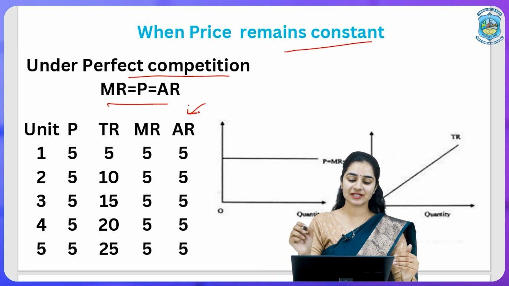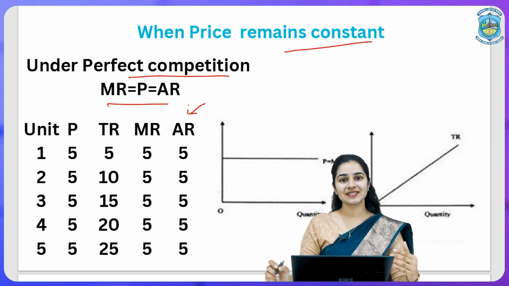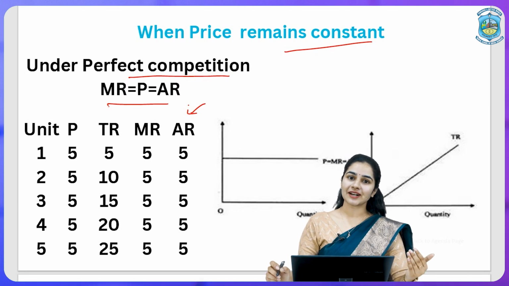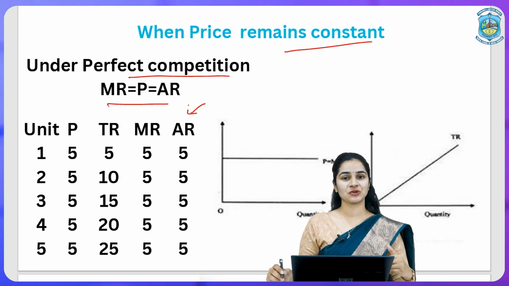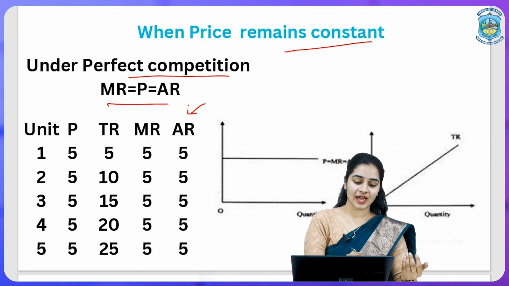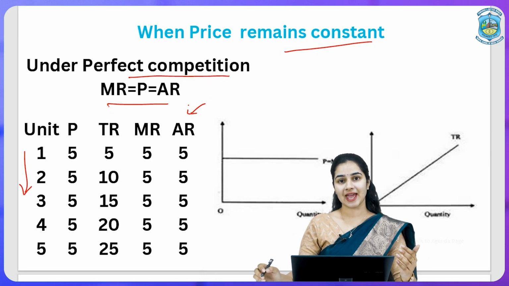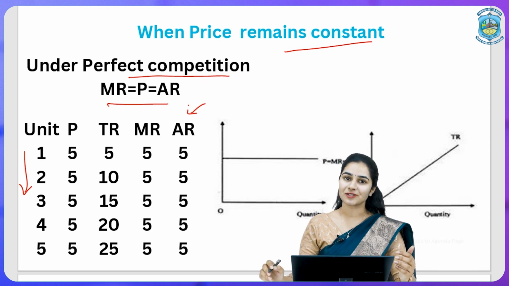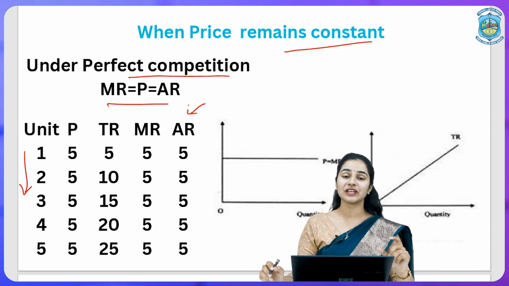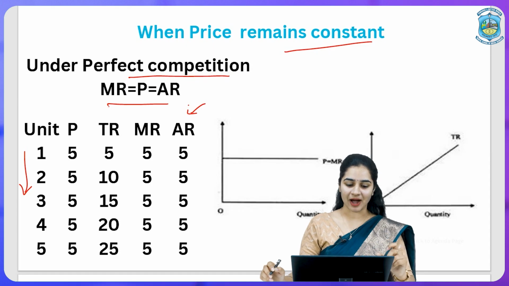Now here we have a schedule which represents the price, the total revenue, the marginal revenue and the average revenue. Here the number of units sold are increasing and the price remains constant throughout because of the uniform price prevailing in the market.